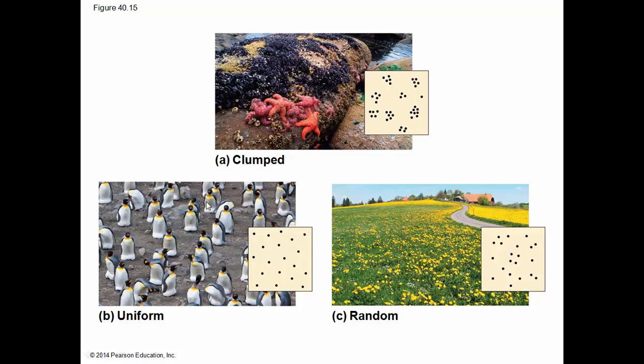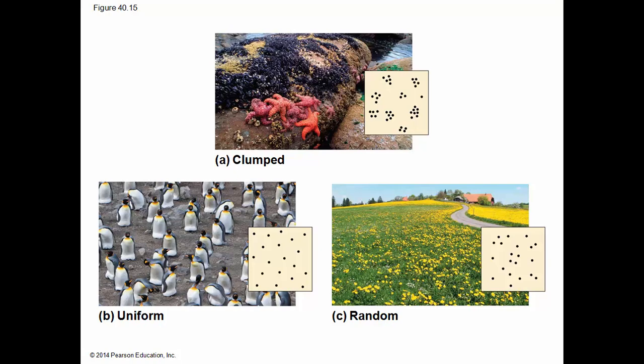Here's a uniform distribution of king penguins in Antarctica. These guys stake out a territory, and they try to keep close together because it keeps them warm. When it's really cold, they may have to huddle up together. But other than that, in the springtime, they are sitting on their eggs.